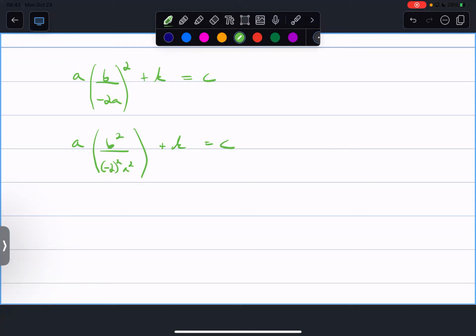Okay. A is going to cancel with the A squared, right? And so I'm going to be left with just one A in the denominator.